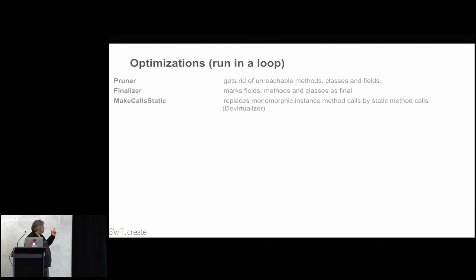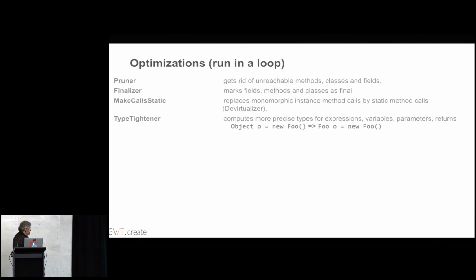And this is pretty useful, because if you only, for example, use one method of a class, and you don't use any instance, it's static, you might inline it later, and then you don't need to keep the code for the rest of the class. So this is one of the optimizations.